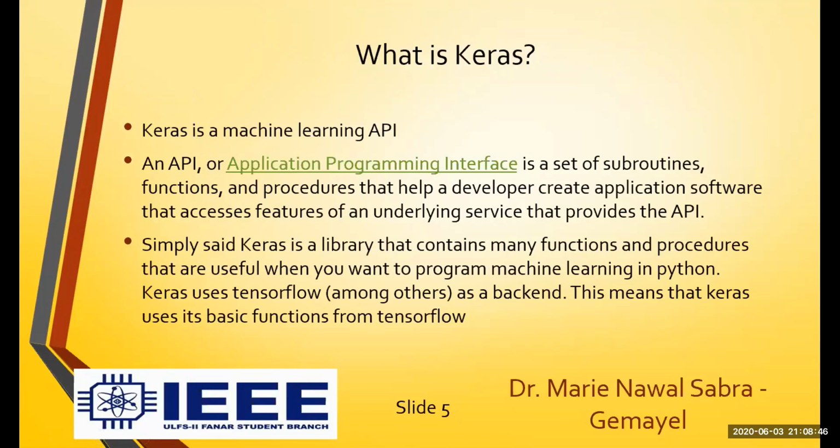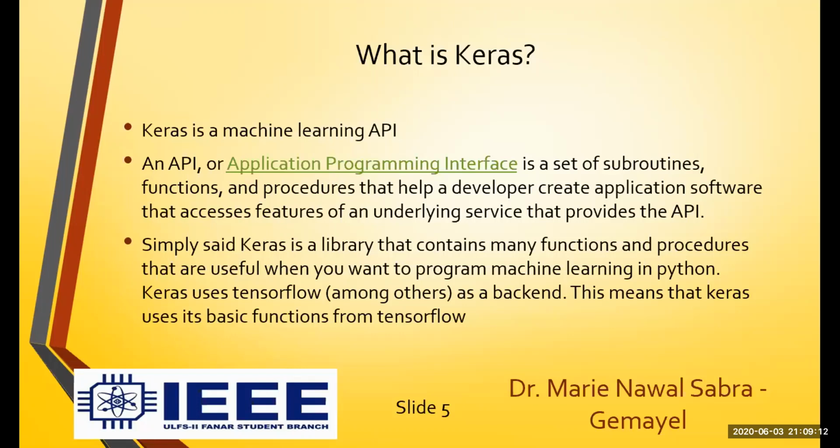What about Keras? Keras is what we call a machine learning API. An API is an application programming interface. Simply said, it is a library. But the Keras library is going to use what we call a backend. So the Keras library doesn't have all the programs that TensorFlow has.